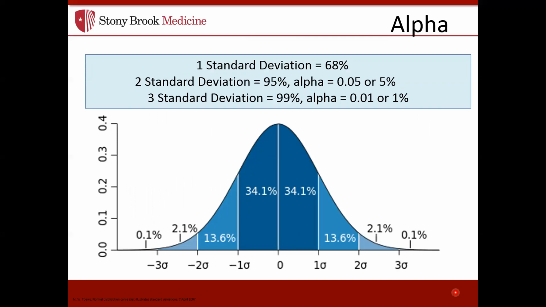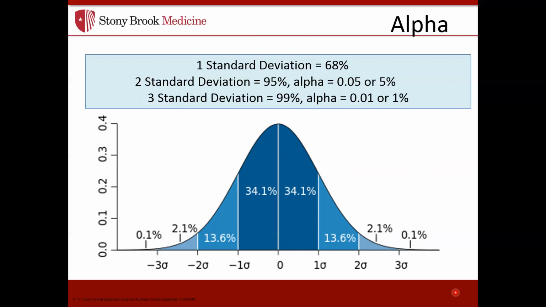This is also called alpha. It is commonly set to 0.05 or 5%. This is also because there is an assumption that 95% of the values in the study will fall within 2 standard deviations. In essence, alpha is the probability of concluding that there is a difference between the groups studied.